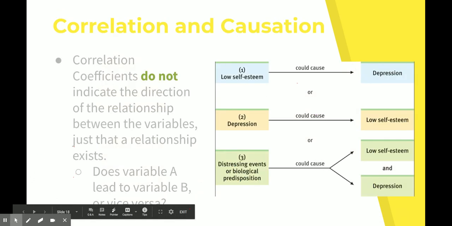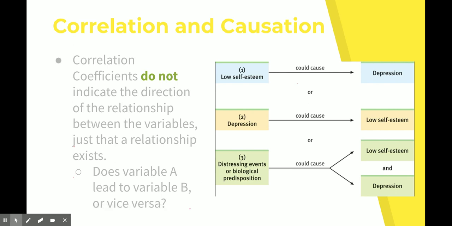So some other things to make note of with correlation and causation. Correlation coefficients, again, that number between -1 and +1, do not indicate the direction of the relationship, just that a relationship exists. So that's really important to make note of.